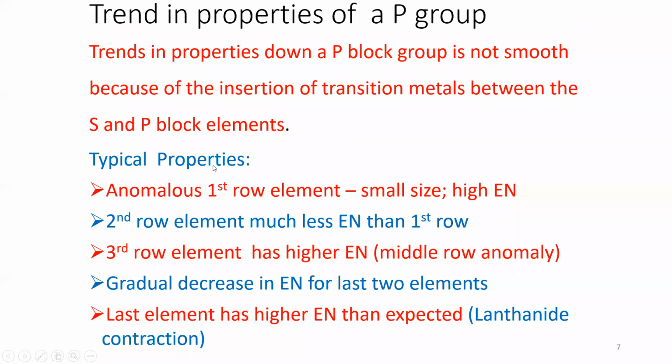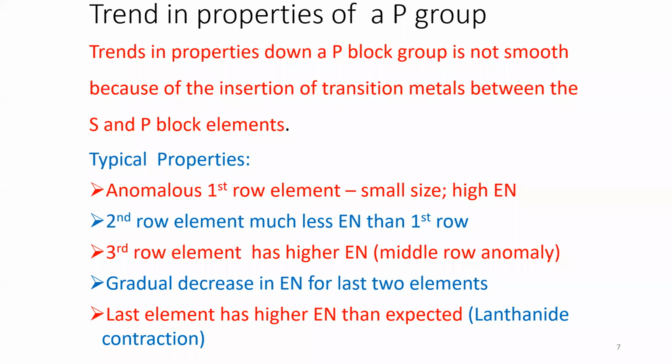Now we look at the trend. What is the trend in these group elements? So we see that the trend is not smooth, unlike the s block element, because of what?